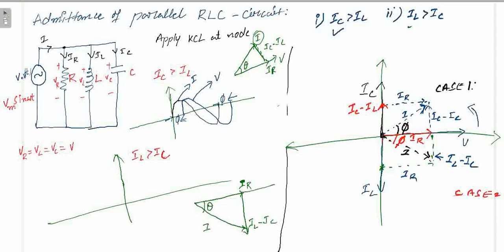So this is your V. Observe here, for this V, if anything moves in this direction, that is called leading. If anything moves in this direction, it is called lagging.